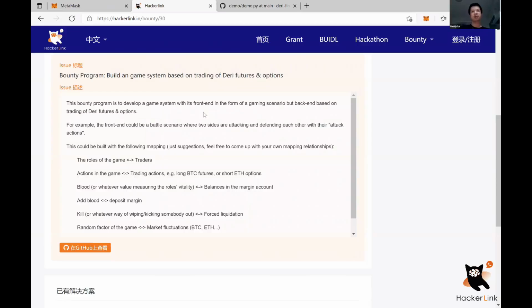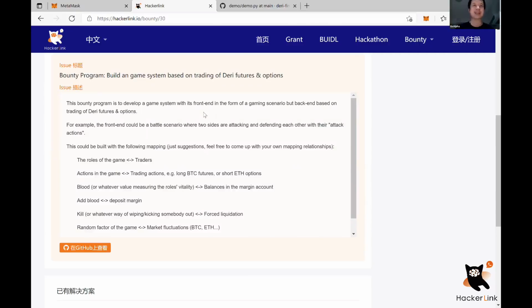So you take our smart contracts, the trading pool, as the back end of your game system, but you build a front end on top of that. I'm not sure if that explained this clearly.